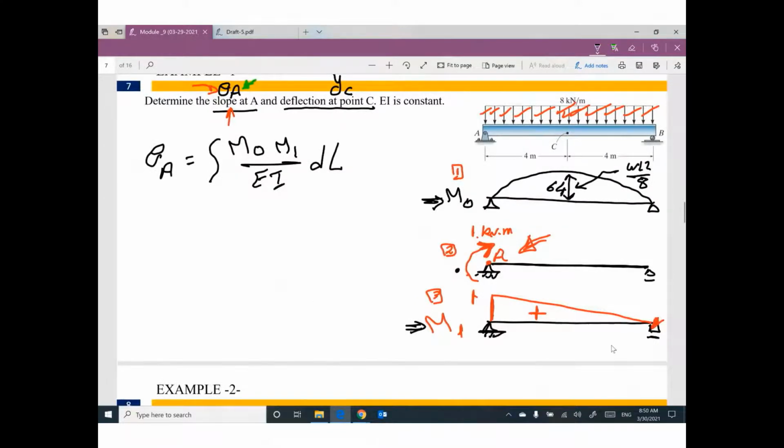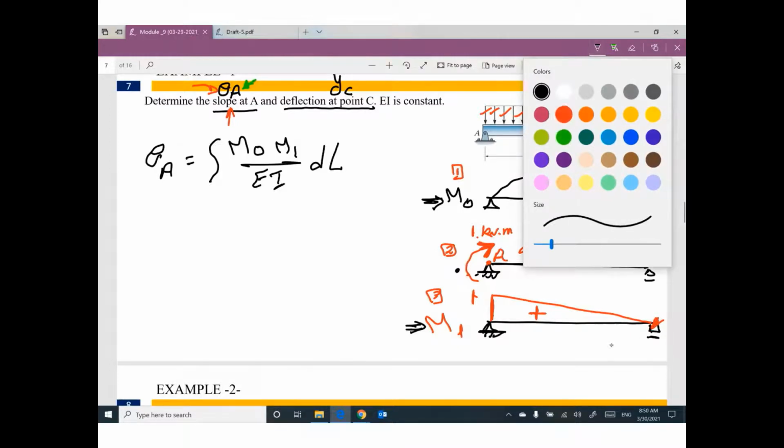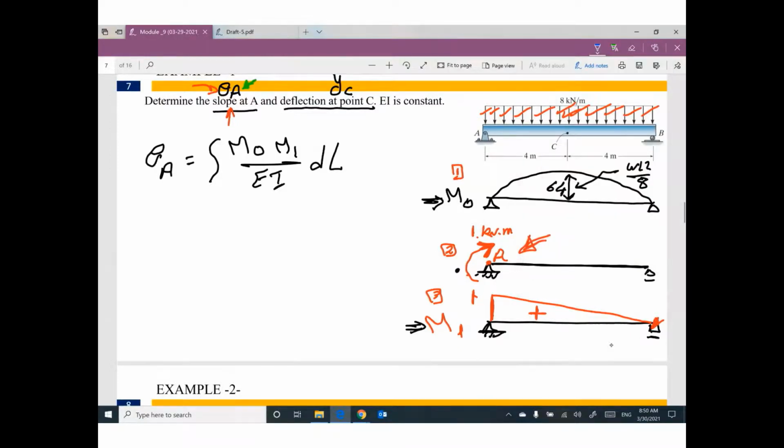How can I do this integration? How can I do integration between the two shapes? 1 over EI is outside. It's a constant.